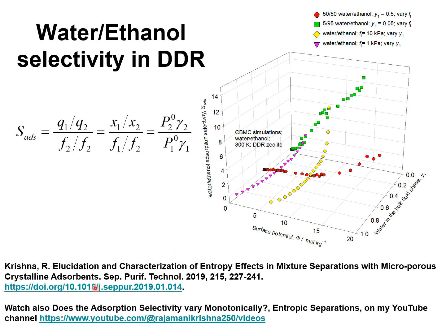We note a very important conclusion that emerges here: for large values of surface potential and small compositions of water in the bulk fluid phase mixture, the adsorption selectivity is in favor of water rather than ethanol.